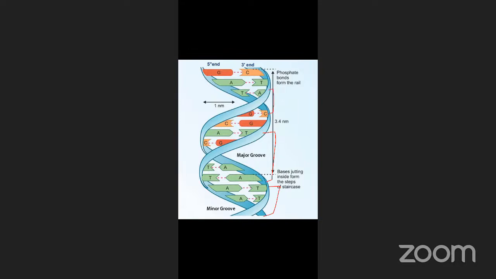Minor and major constitutively form a pitch. One helix length is 3.4 nanometers. In 3.4 nanometers, 10 nitrogen base pairs appear. The diameter, the length between these two strands, is 20 angstroms.